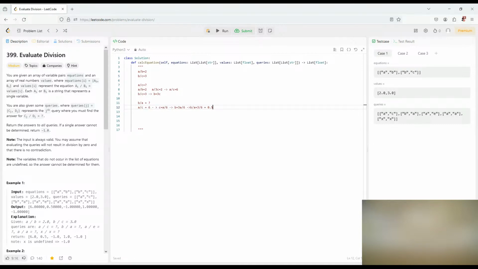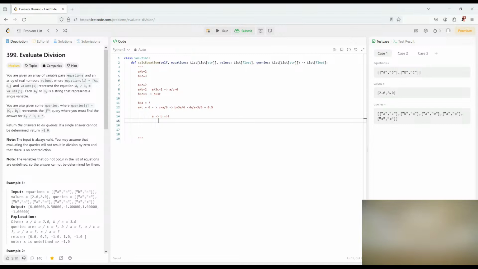Okay, that's fun, but how can we calculate these equations if we have different things? So imagine we have a graph or tree, doesn't matter. So we have A, we have a B, and we have a 2.